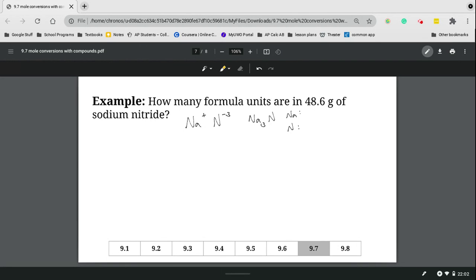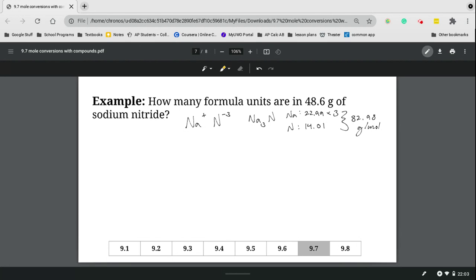Sodium has 22.99 grams, 14.01 for nitrogen. Multiply sodium times 3, and that totals out to be 82.98 grams per mole.